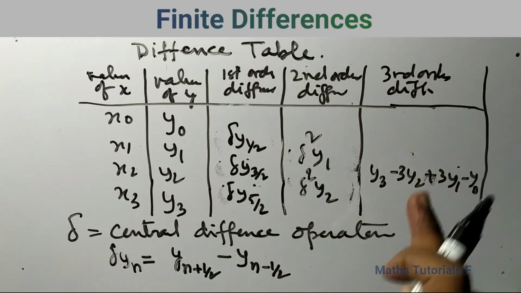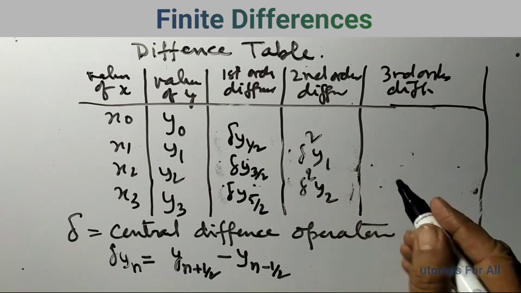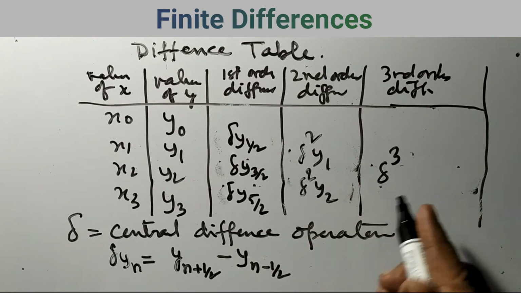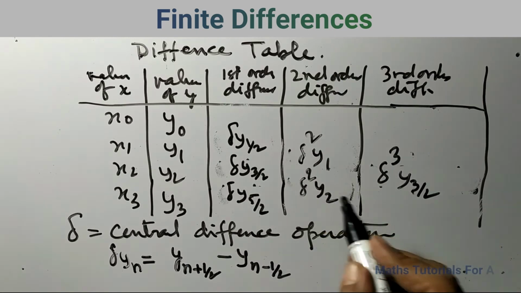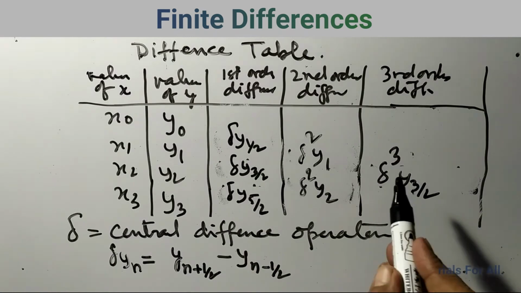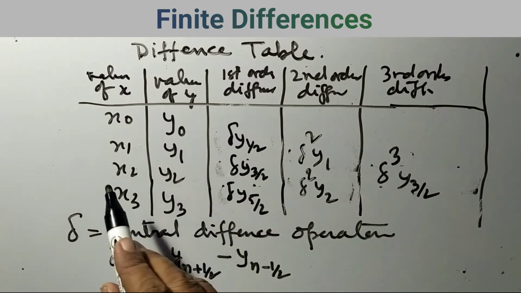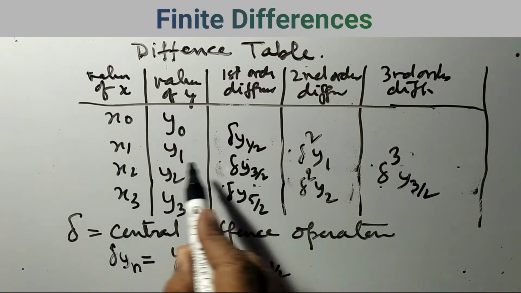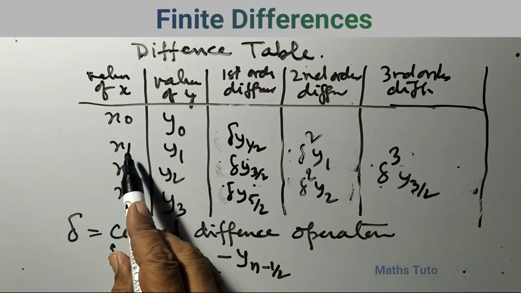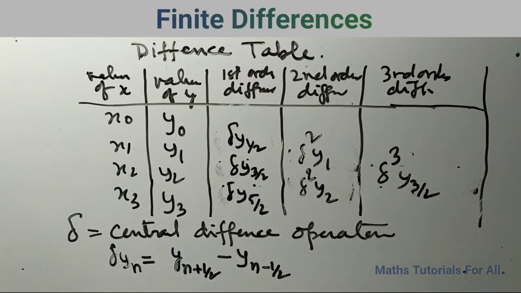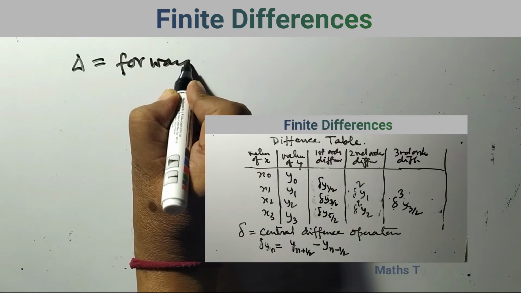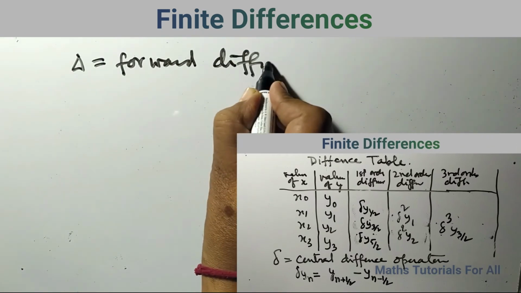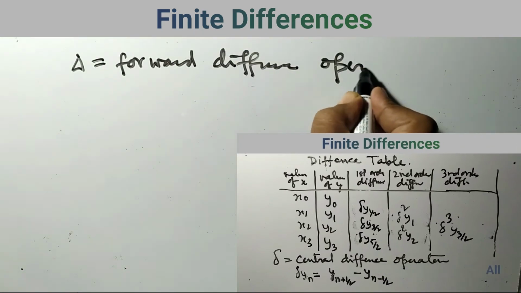Again, third order difference, so this quantity is delta cube y 2 and a half, center is 3 by 2. Small delta is a central difference operator. Here the middle portion is 3 by 2, it is the leading term. For 1 and 2, the middle term is 3 by 2. Delta is forward difference operator.